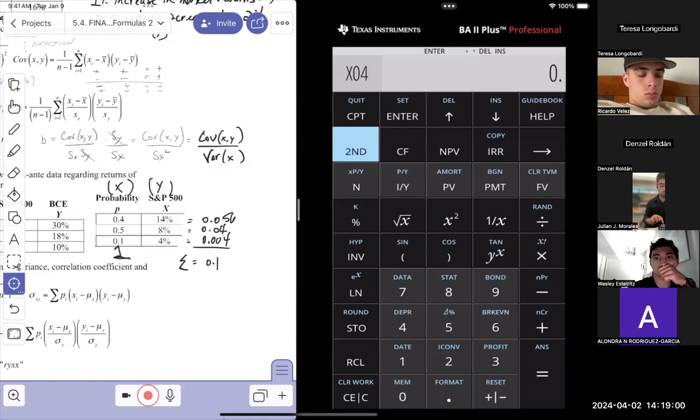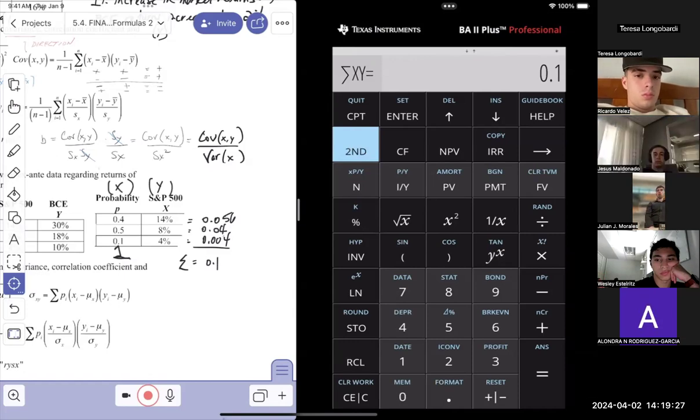Let's check. Now that it's all in, I'm going to hit second stat, and use the arrow up to get the answer. You see, I got the same answer, 10%. You need to remember those steps, write down what I did.